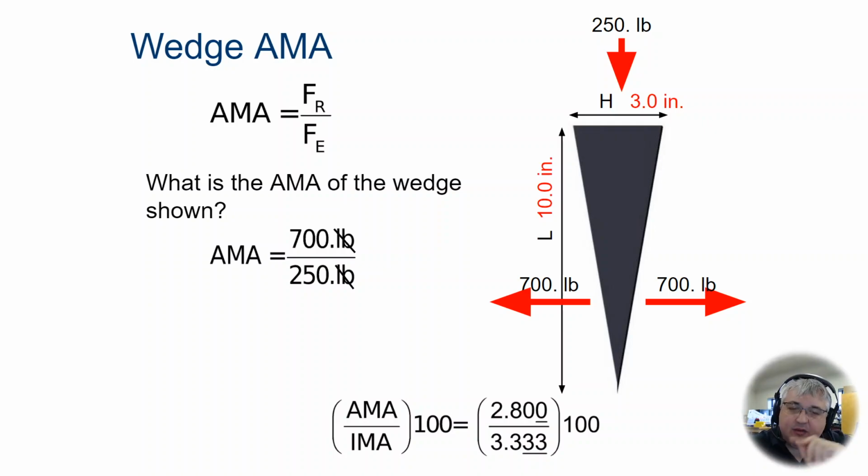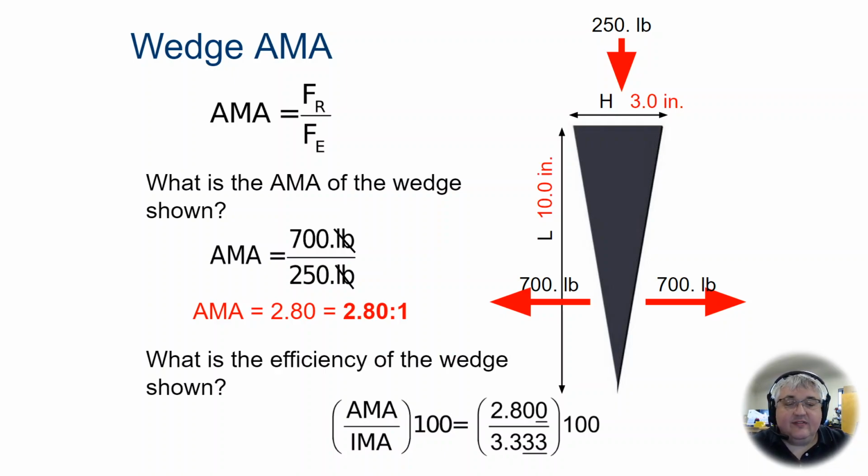That's why it's a little bit different. In this case, we are taking the 700 pounds, dividing by the 250 pounds of the other, because we're really just going to use half of it, and that gives us an actual mechanical advantage of 2.8 to 1.